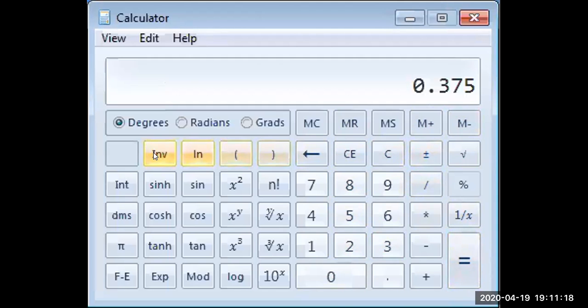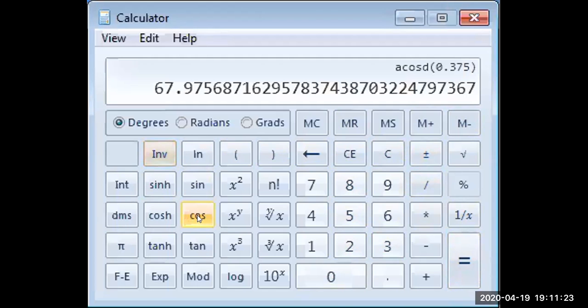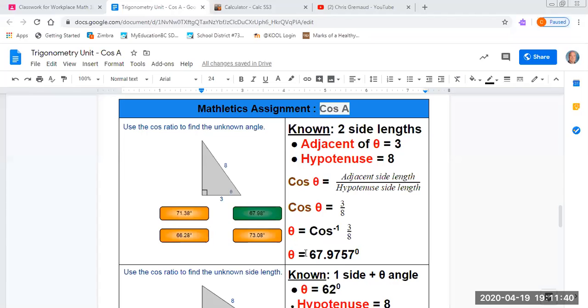Then I'm going to take the inverse of the cosine function, and what I end up with is a value of 67.9756 and so forth, and that's going to be the degrees, the angle that we're looking at. So if we look at this, we are going to see that the answer to this question is 67.9757 degrees. So hence why we got this answer here. Hopefully that makes sense to you.